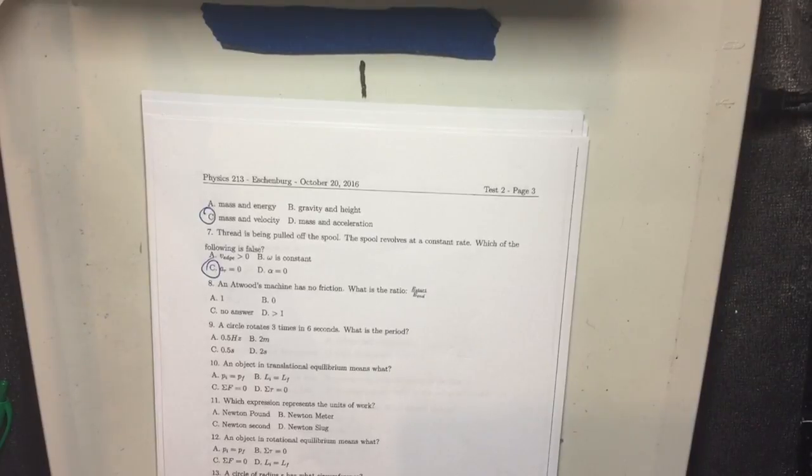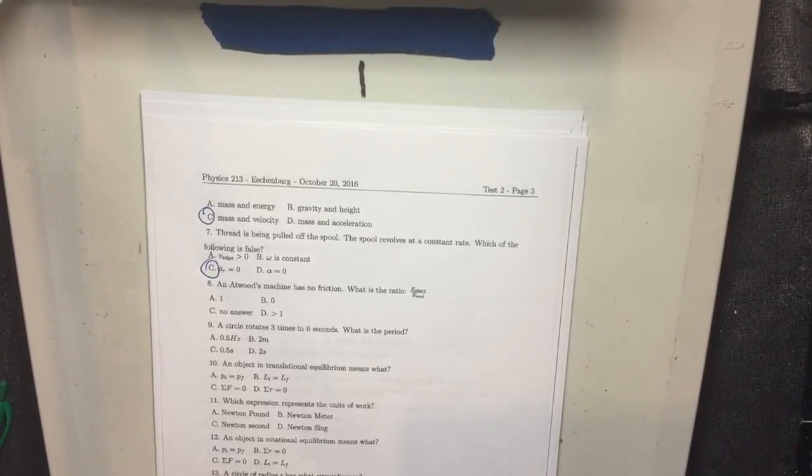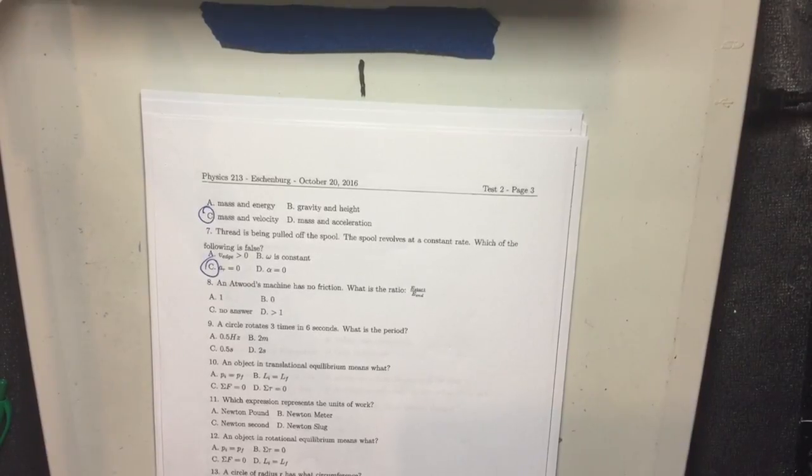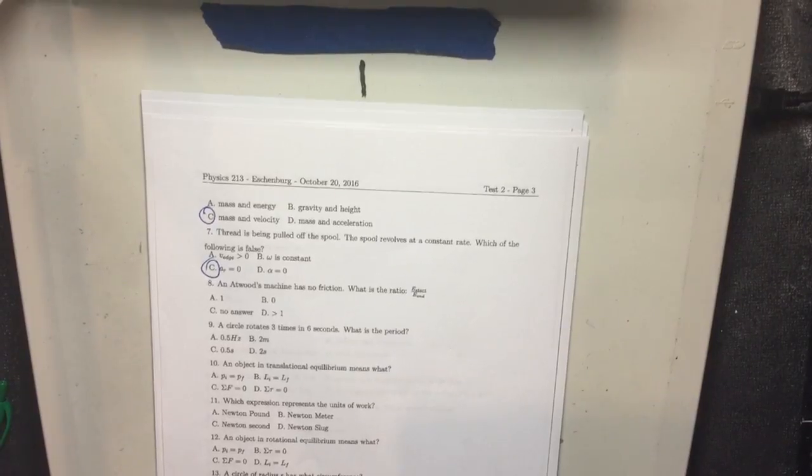Atwood's machine has no friction. Yay, no friction. What's that ratio? If there is no friction, what was the ratio that I was talking about? Look at it.